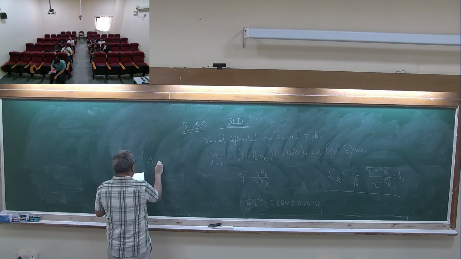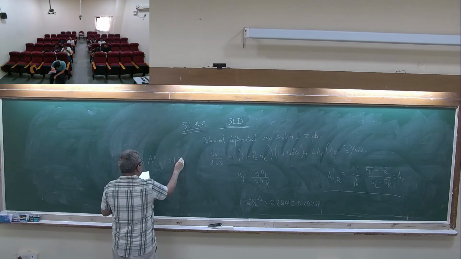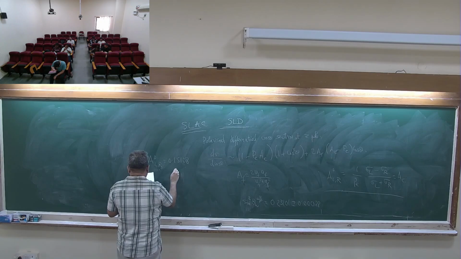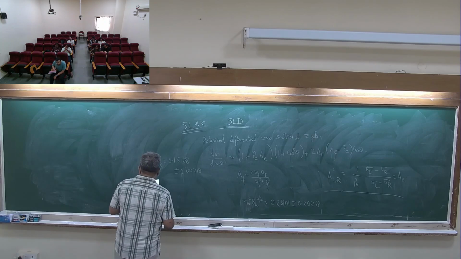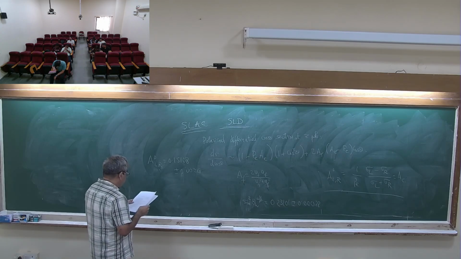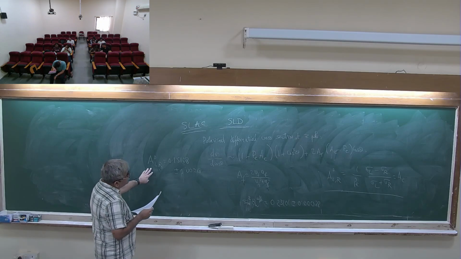So A_LR, left-right, is measured to be 0.1108, sorry, 0.00218, at the Z pole with electrons essentially.